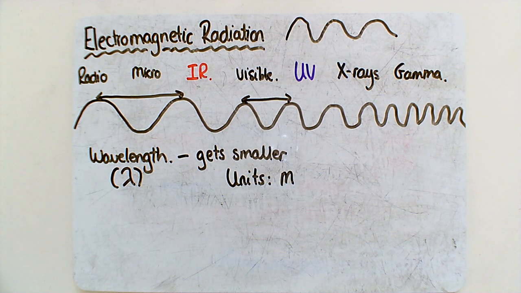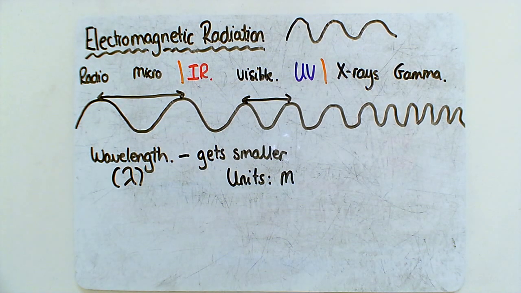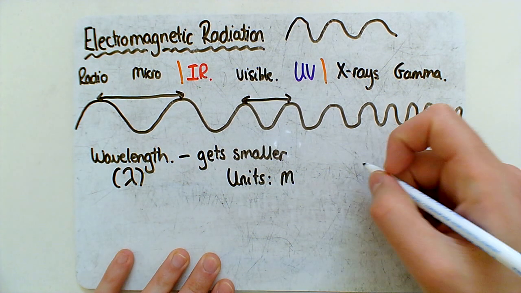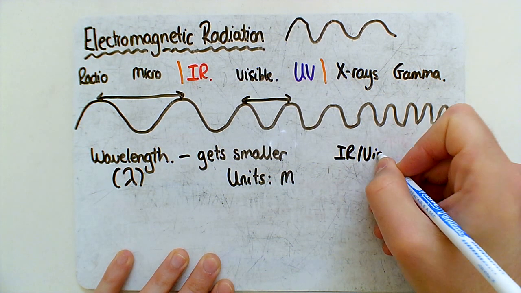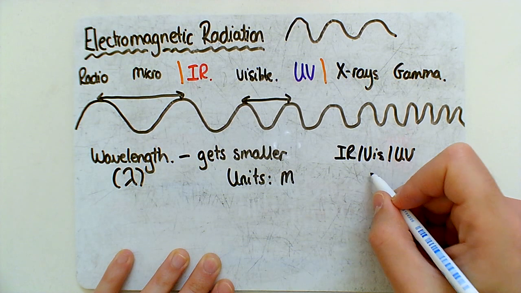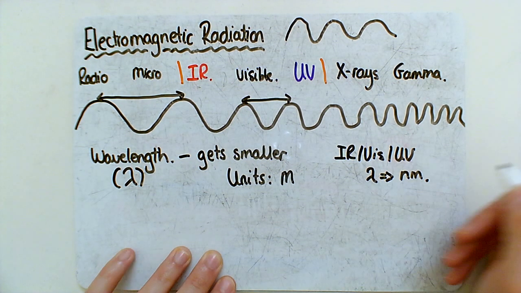In chemistry, the main three forms of electromagnetic radiation that you're going to deal with are these ones. You're going to work with infrared, visible, and UV. Now, the wavelengths in that region, for infrared, visible, which we'll shorten to VIS, and ultraviolet, are usually in nanometers.